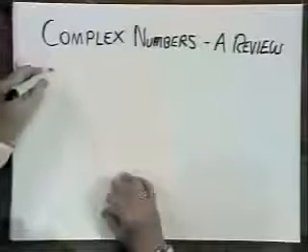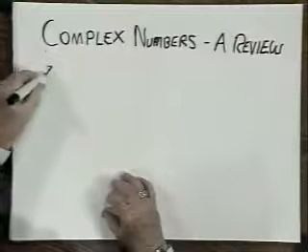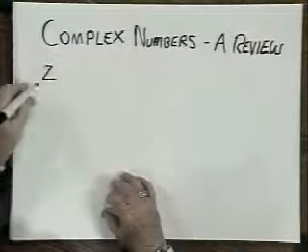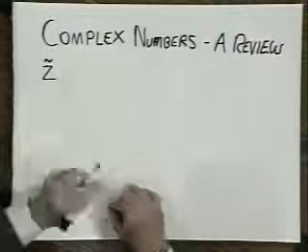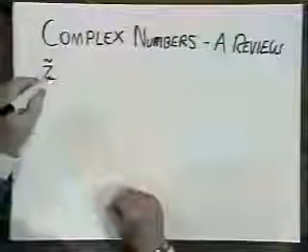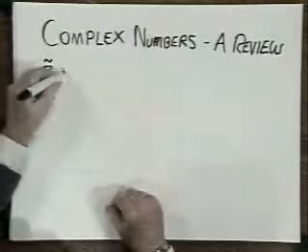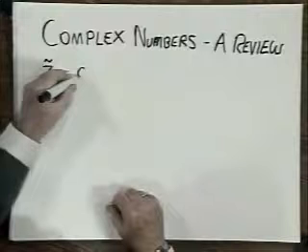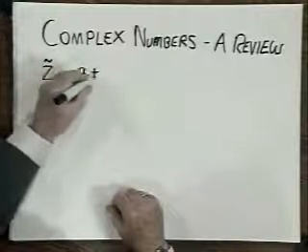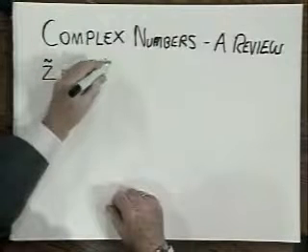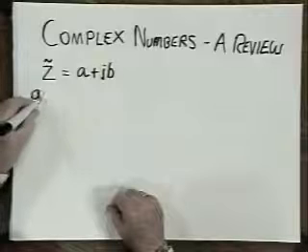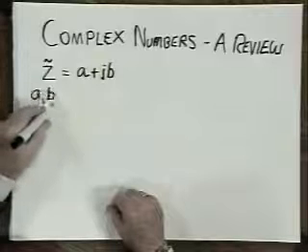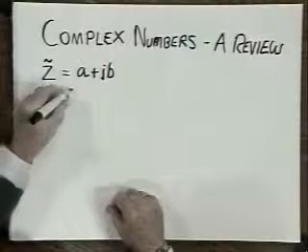Now, a complex number, which I will refer to as Z, and put a tilde over it to indicate that it is a complex number, just a reminder that we're talking about a complex number, can be written as A plus JB. Now, A and B are real numbers.